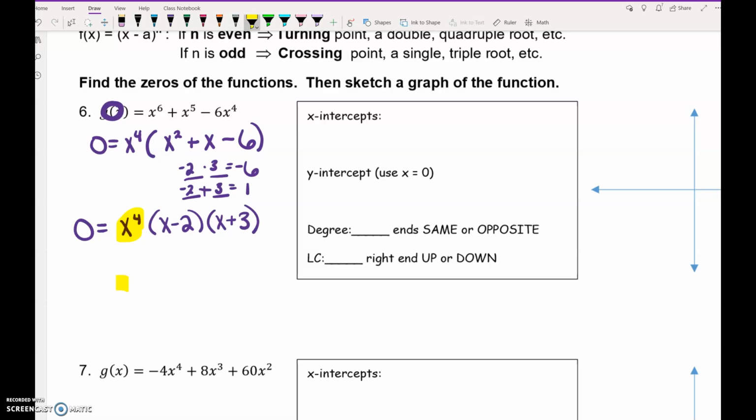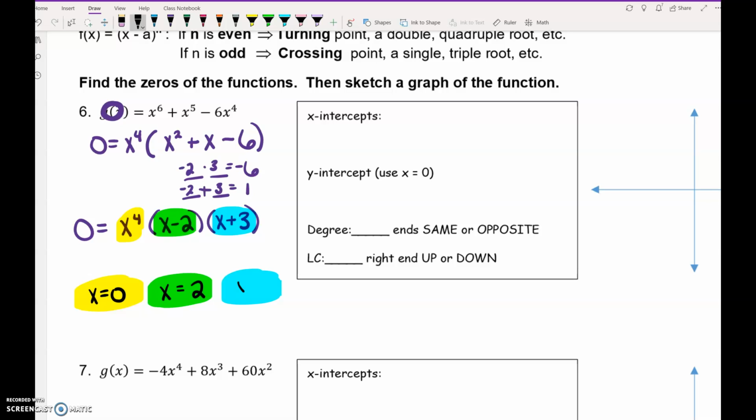The yellow part will give us one of our solutions. The green part will give us our second solution. And the blue part will give us a third solution. What is the yellow solution? 0. What is the green solution? 2.